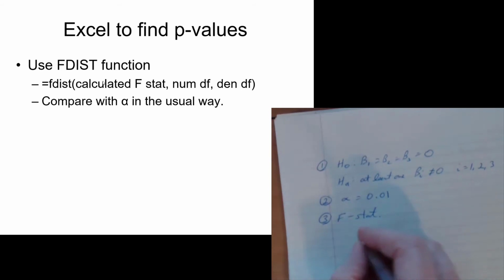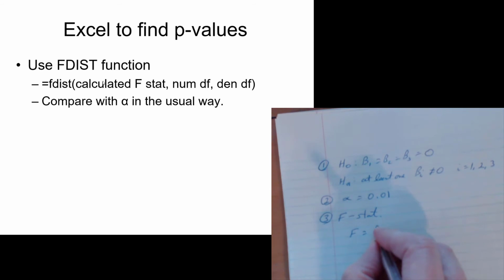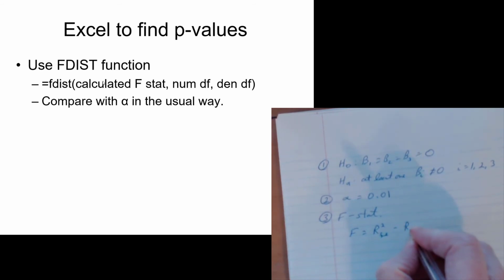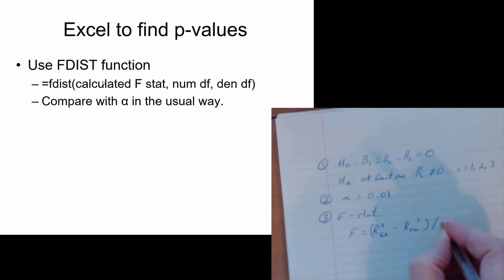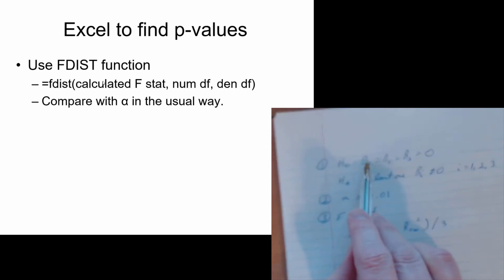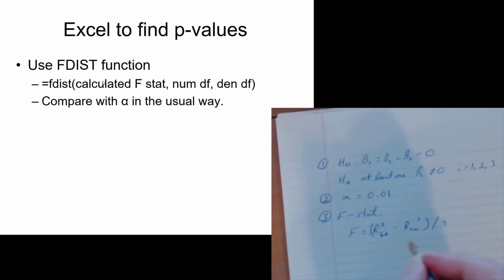Okay, so let's now look at those results. So we will find the F stat, and our F stat in our case will be the R squared from the full model minus R squared from the reduced model, in brackets, divided by 3. 1, 2, 3, or as the count would say, 1 eliminated variable, 2 eliminated variables, 3 eliminated variables.